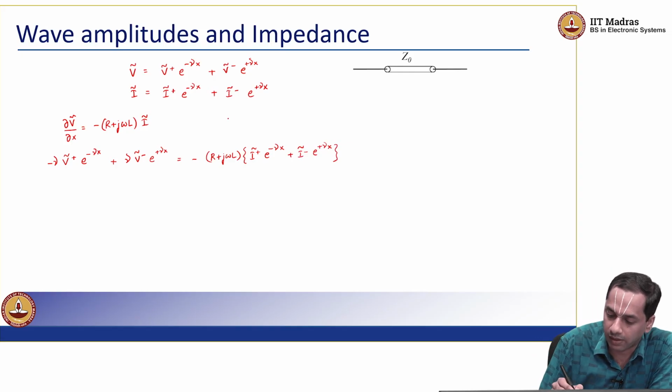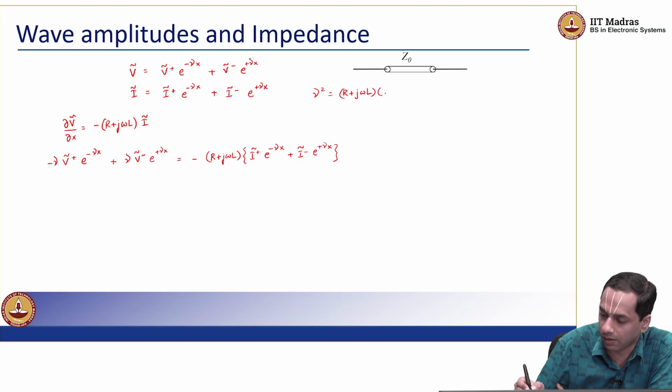Okay, do not forget that gamma squared was (r plus j omega L) times (g plus j omega c).